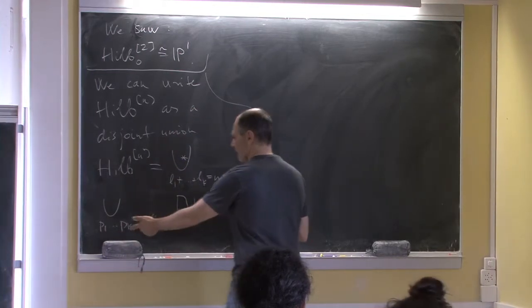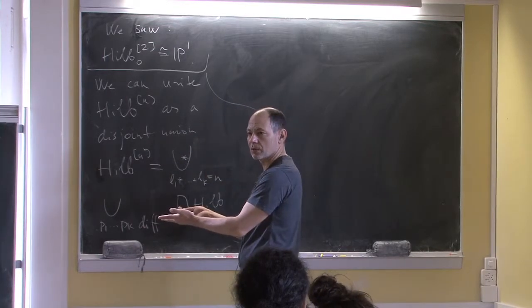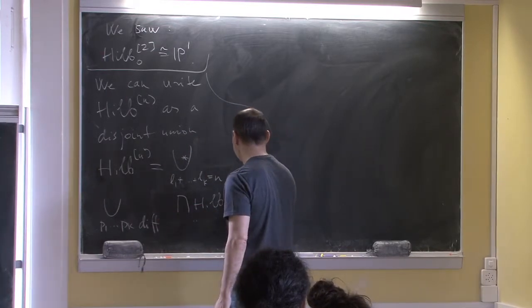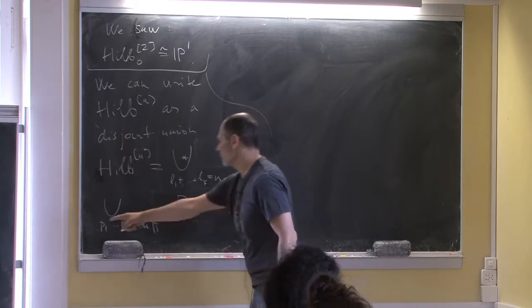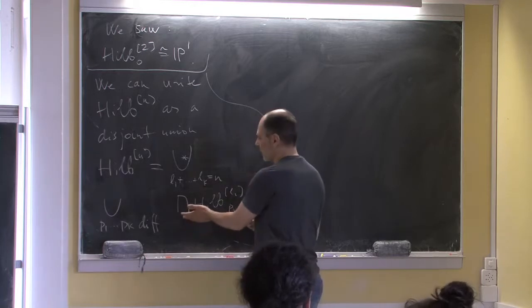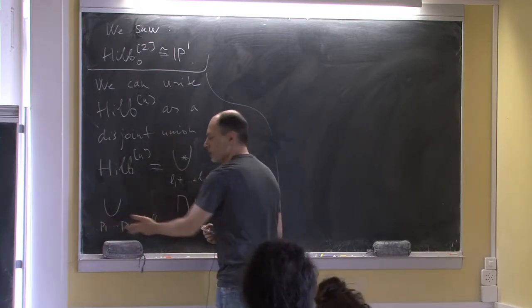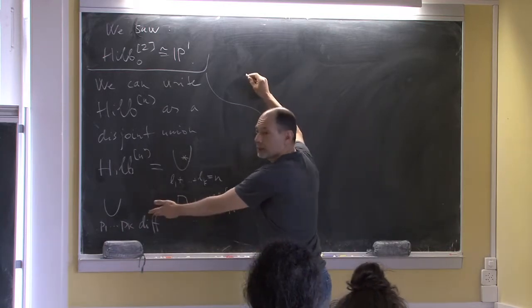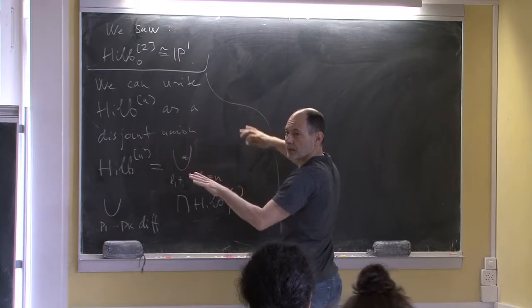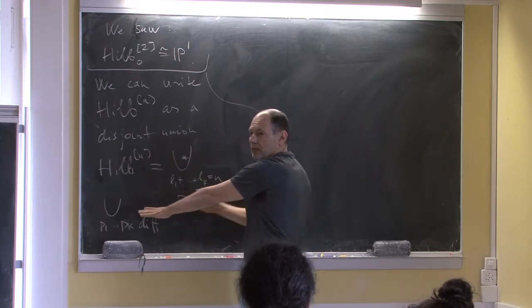Then this part is just fibered over k different points. Each of these products is a separate piece, but I'm taking a union over k different points. So you can think of this as a smooth space, k different points on the plane, and this is fibered over that with sort of trivial fibers.